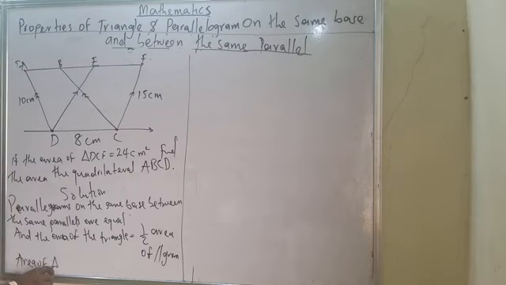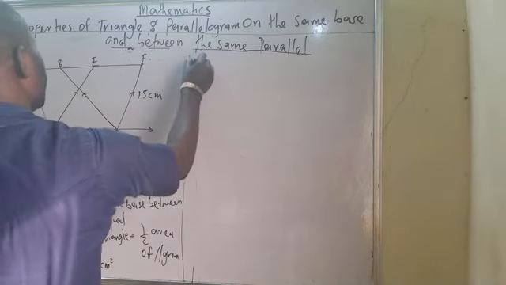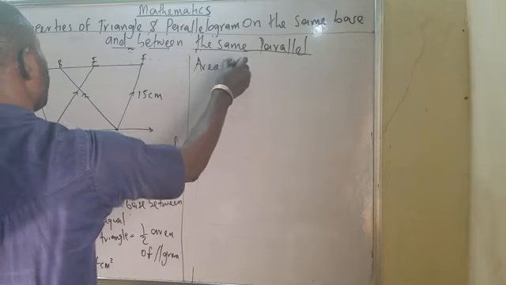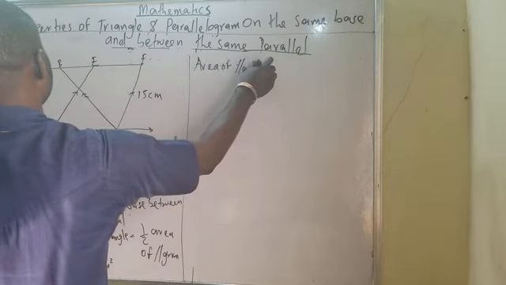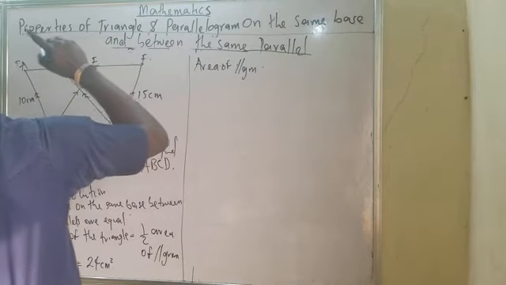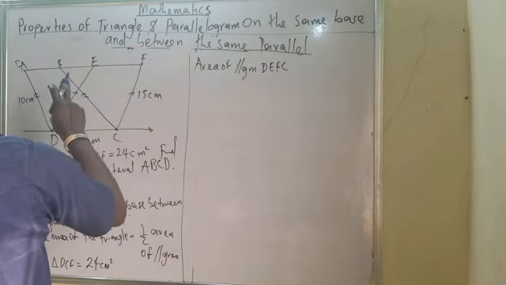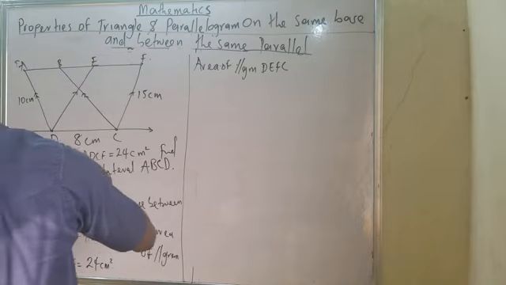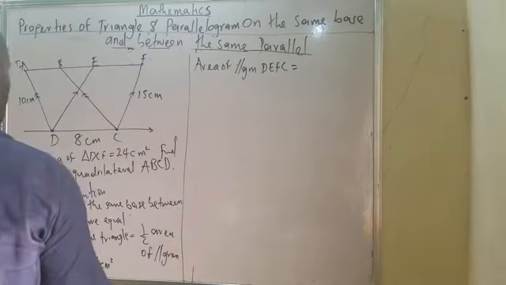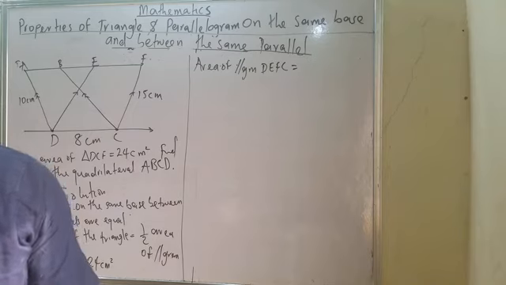Now it means I can say that the area of triangle DCF equals 24 centimeters squared. Now, since I know that, the area of parallelogram DEFC will be equal to 24 multiplied by 2, which is 2 of them.